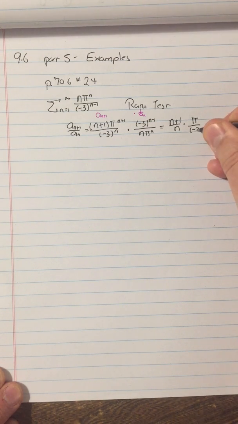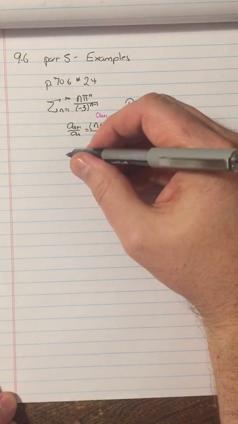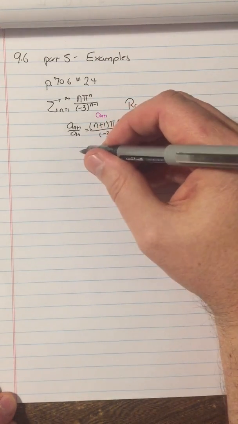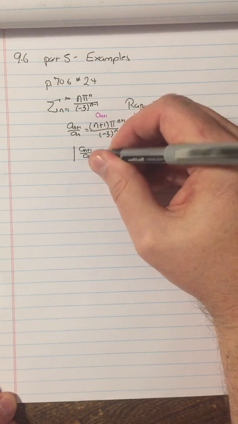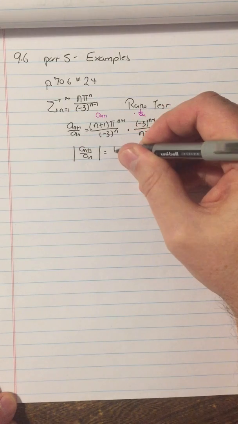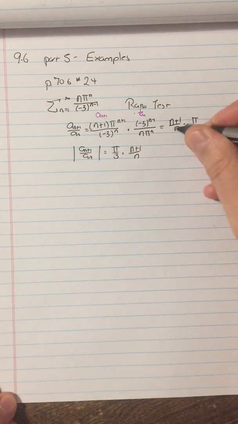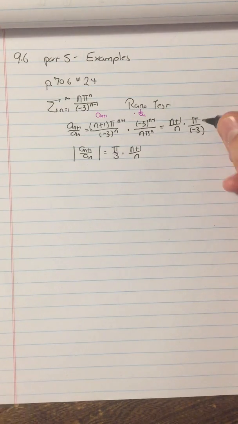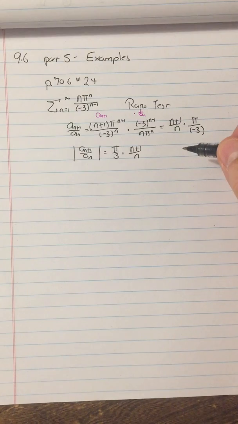Now, I have that negative 3 causing problems, but I'm really looking at the absolute value of a sub n plus 1 over a sub n, and that is equal to pi over 3 times n plus 1 over n. For some reason I switched the order, I don't know why, but the negative 3 I changed to positive 3 because I'm taking the absolute value.